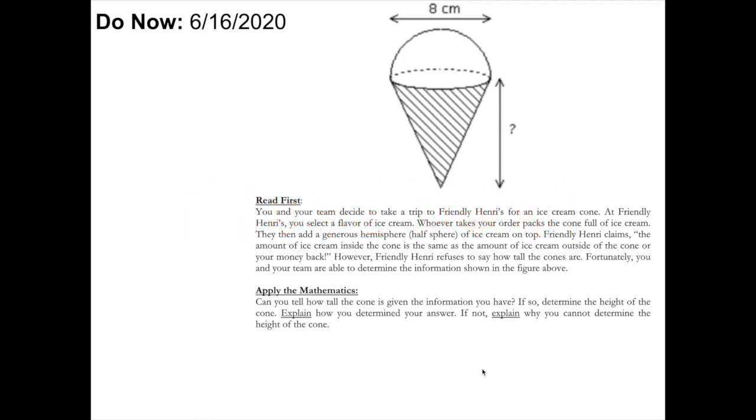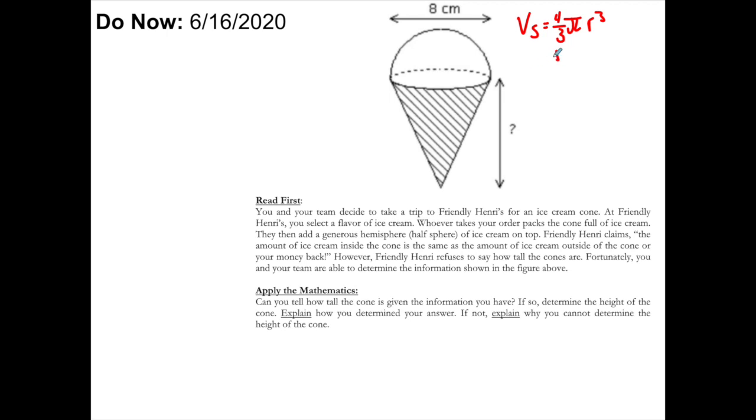All right, so you actually can find the height of the cone, and it just requires you to have access to essentially two formulas. The first is the volume of a sphere. The volume of a sphere is equal to 4/3 times pi times the radius cubed. Now this is a hemisphere, so this is half of a sphere.